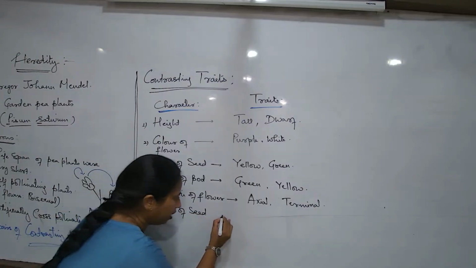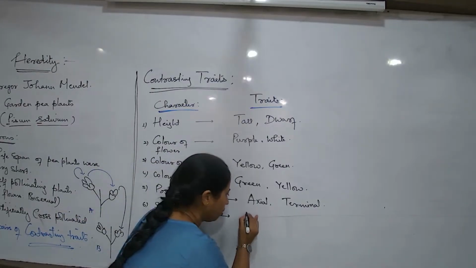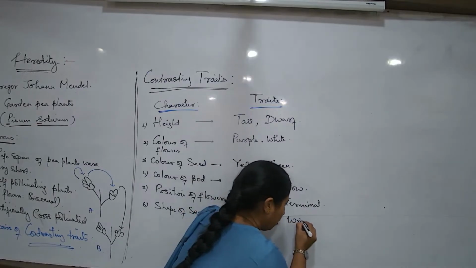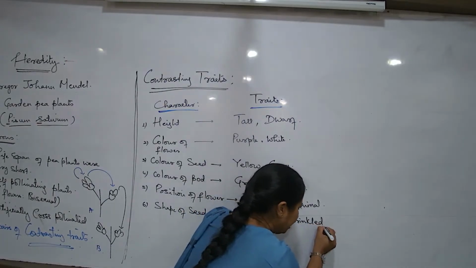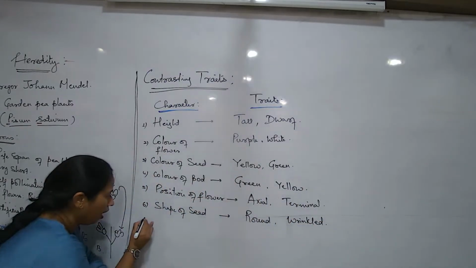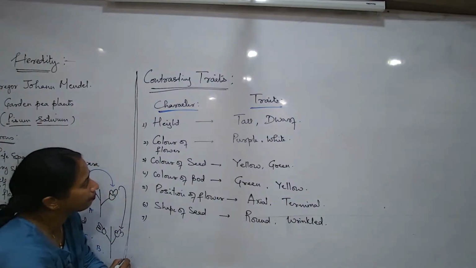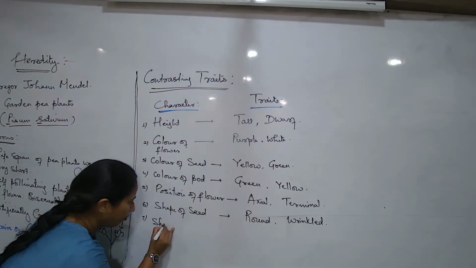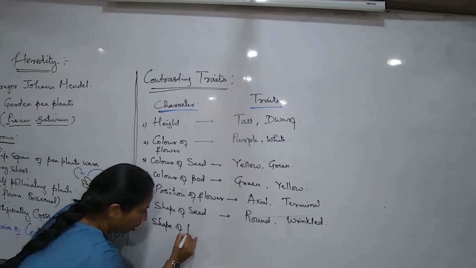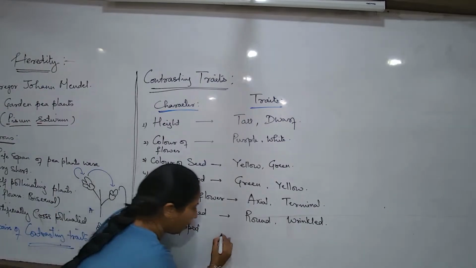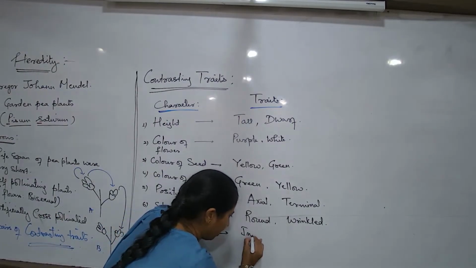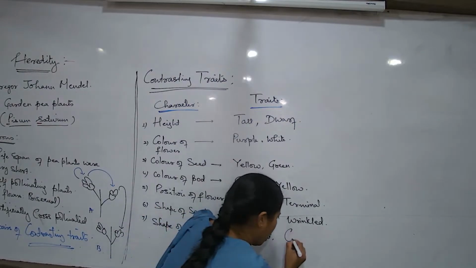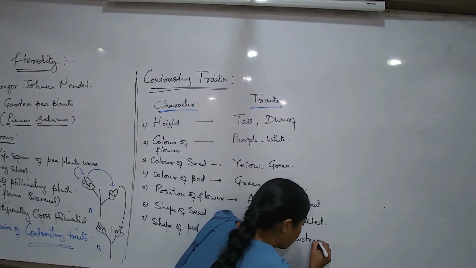Shape of the seed, we talk about the round seed and sometimes the wrinkled seed. And the 7th one is the shape of the pod. What is the shape to write? If it is fleshy green, inflated, but if it is dry, known to be constricted.